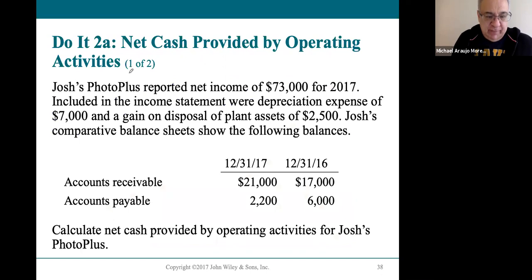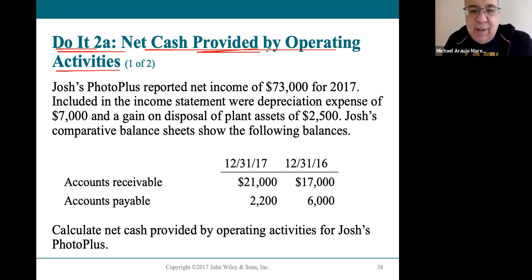So the do it exercise here looks at that net cash provided by operating activities. Again, the word provided in this case simply means there's more cash flowing in than flowing out. Here we have a company, Josh's Photo Plus. They had a profit of $73,000, right? Net income, $73,000, of course. That net income was reported on the income statement using the accrual basis.